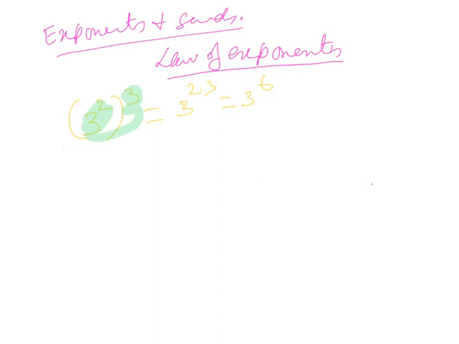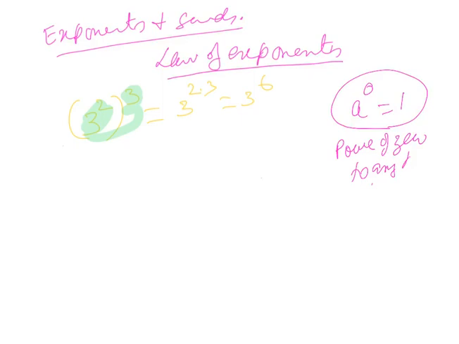That is why we multiply it out and distribute it. And one important thing I should have started from here: a to the power of 0 is 1, right? The power of 0 to any base is 1, is unity.